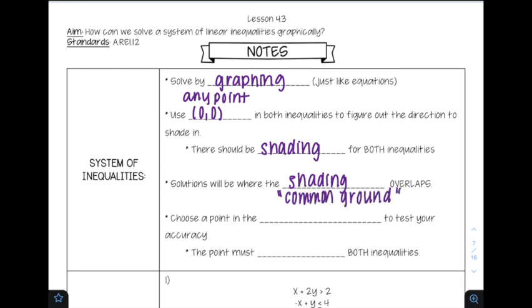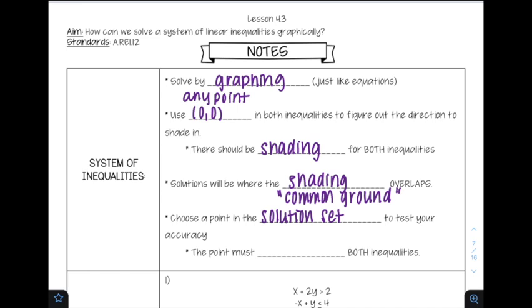So depending on the question, you're going to choose a point in the solution set, which is your common ground or the shading that is overlapping. And we've practiced this in class, identifying your solution set to test the accuracy.